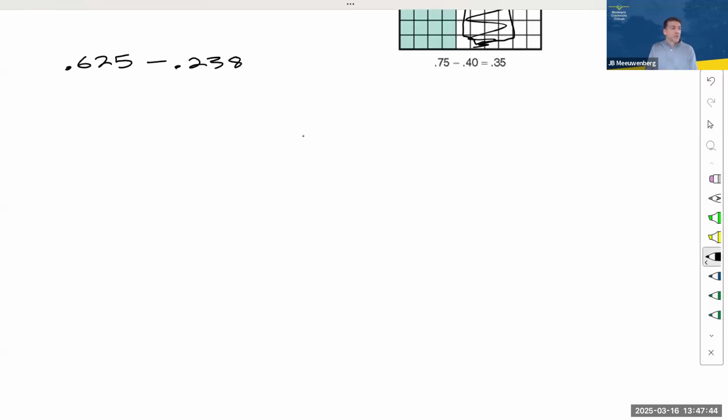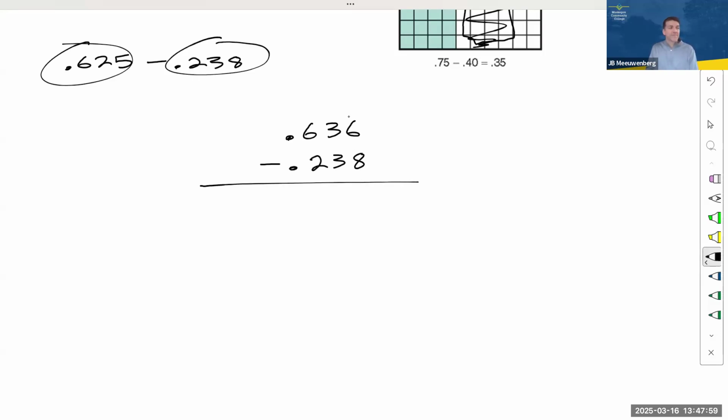When we're subtracting, we want to put the starting number on top and subtract on bottom the second number. And then we're going to work from right to left, just like we would with whole numbers.